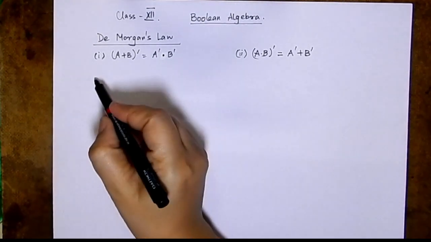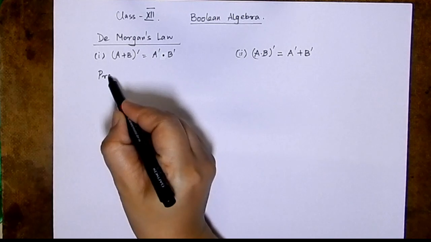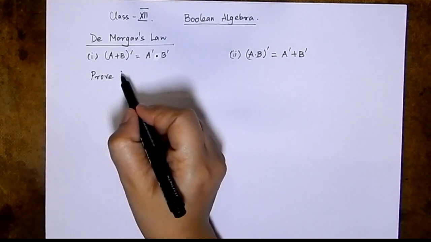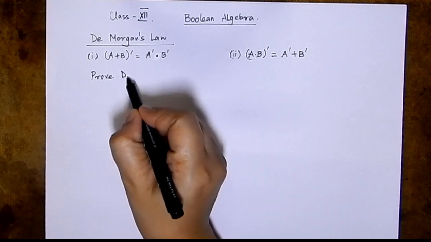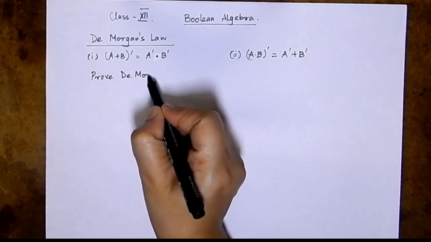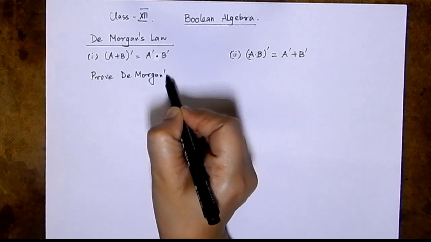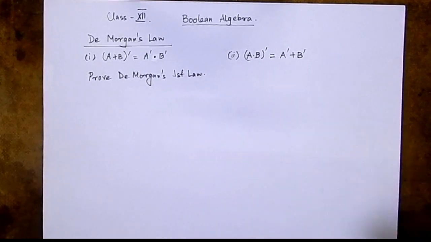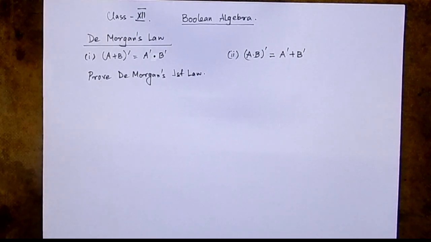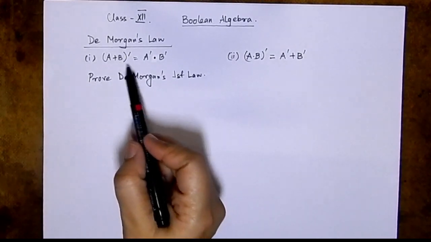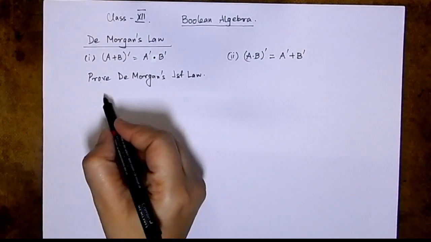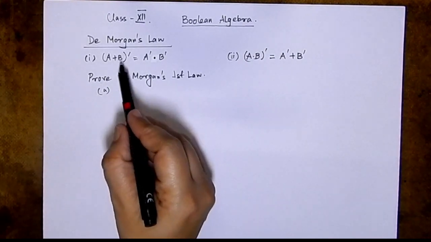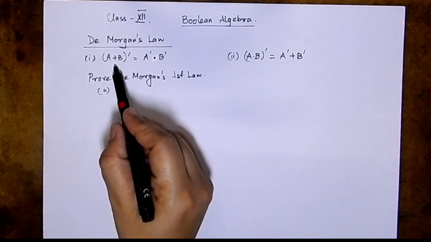Now suppose we have to prove De Morgan's first law. As you can see, in order to prove this, we need to prove two things. Now, this is the complement of this.